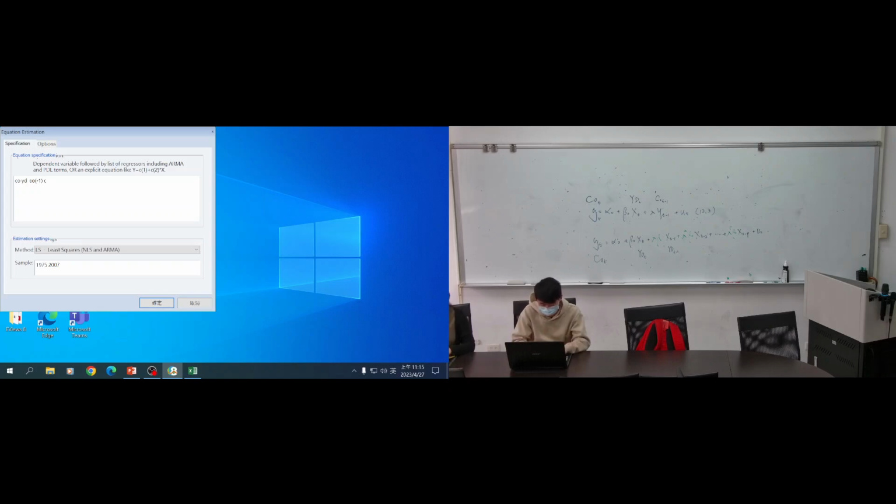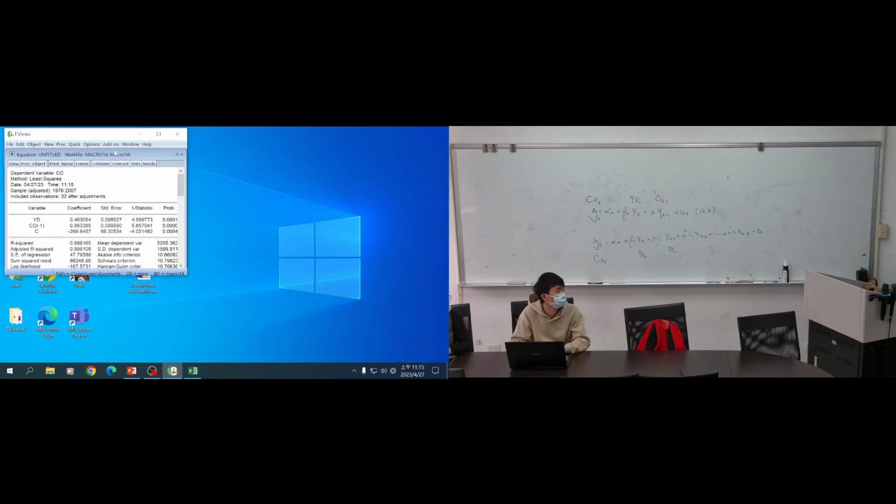That will be the lag in eViews. This is what eViews does. This is the one that is the same as our textbook's 12.11 equation. So let me save this one as 12.11.